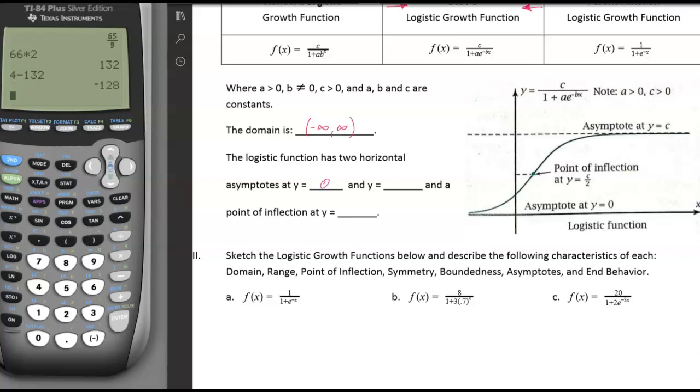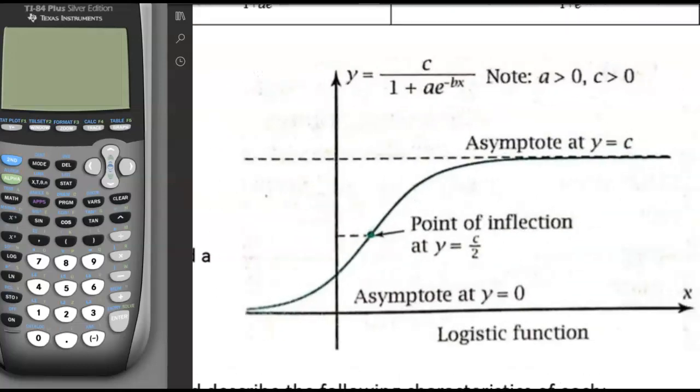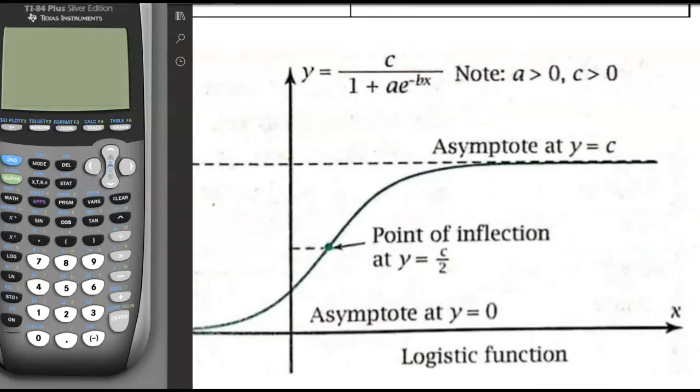It'll always be y equals 0. And where else? y equals c. Now, where did that c come from? I'm looking at my growth function. The numerator. You can always find the top asymptote from the numerator.